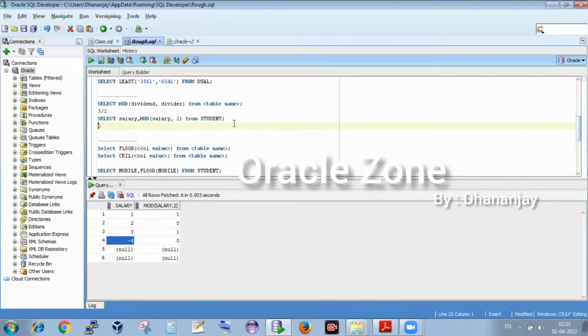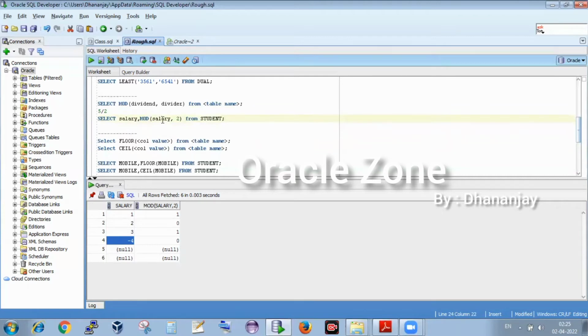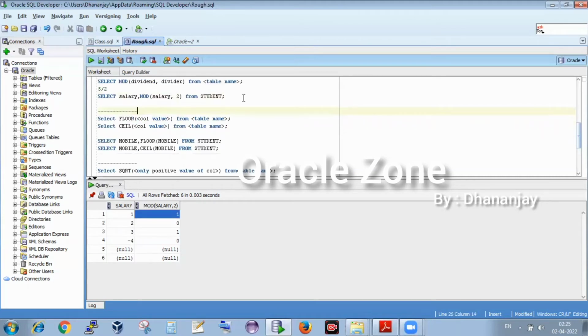We cannot put it like this; 0 cannot be -0, it will be 0. Any manipulation with 0 or null will give 0 or null. That's why, in simple terms, we don't consider the negative and positive sign. We just divide, and whatever the remaining value is: if it is completely divided, it will return 0; if not divided, it will return 1. So this is the mod operation.